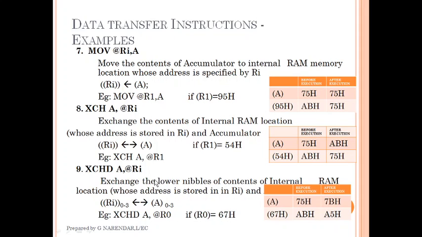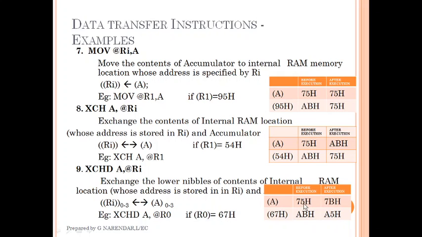We already told what is meant by a nibble. A nibble is a group of 4 bits. For example, if our data is 75H, which is hexadecimal, and we convert it to binary, it becomes 8-bit binary.